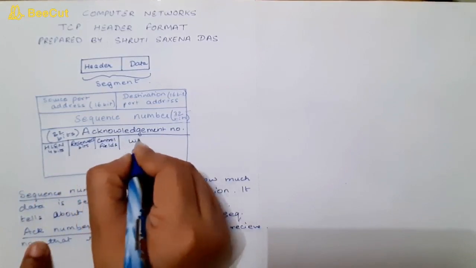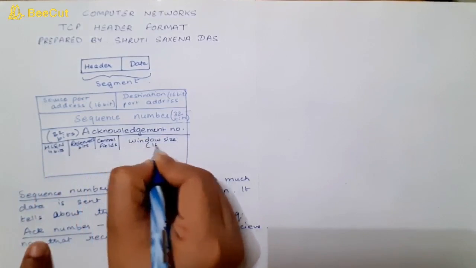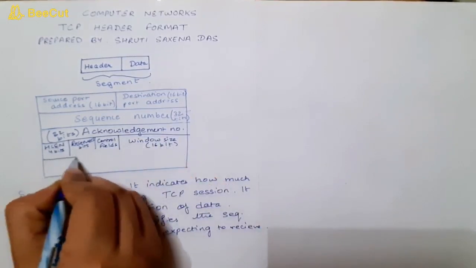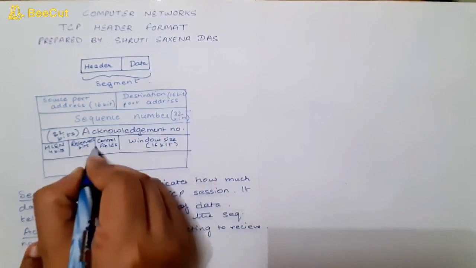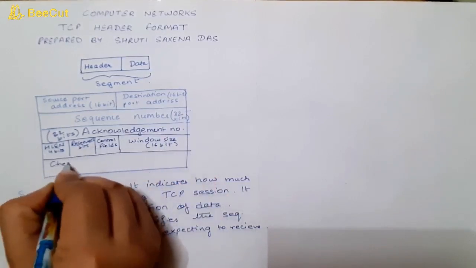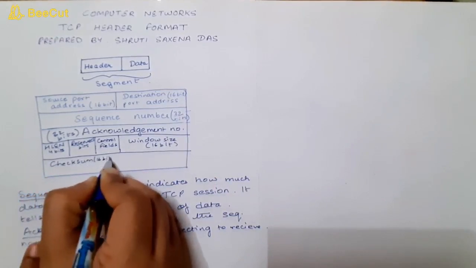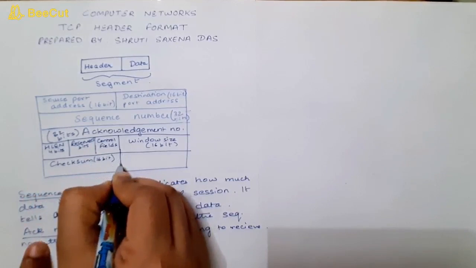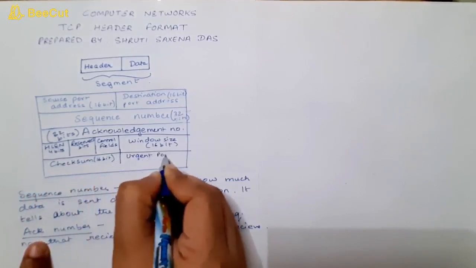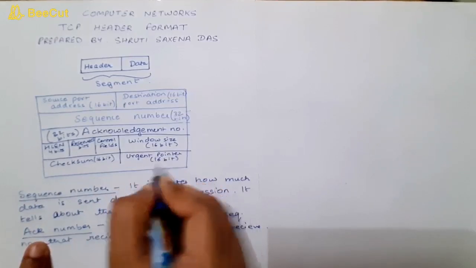Then we have window size. Window size is 16-bit. Then we have checksum, 16-bit, and urgent pointer, which is also 16-bit.